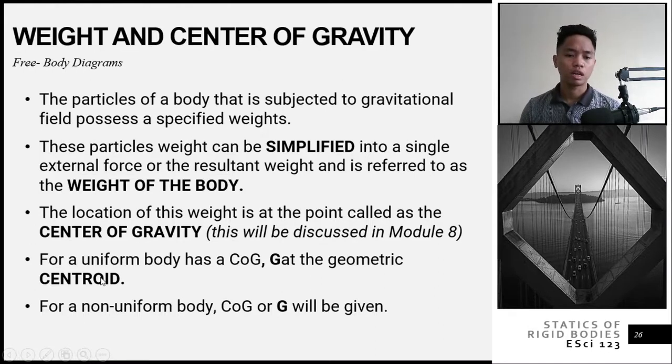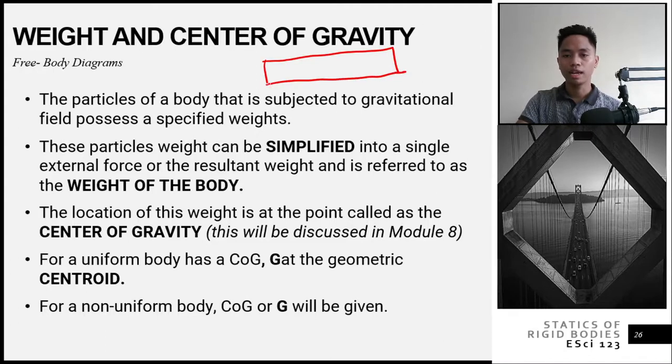So for a uniform body, for example, prismatic, like beams, with equal uniform cross sections all throughout the length, usually the center of gravity G is at the geometric centroid. For example, we have a uniform beam that has a length of 4 meters, and this is 0.1 meters.